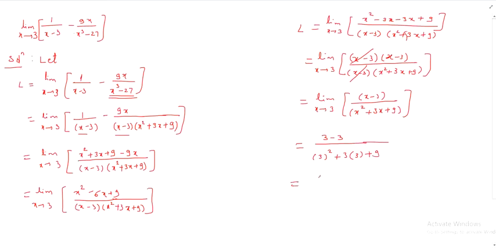Now 3 minus 3 is 0, 3 square is 9, 3 into 3 is 9, plus 9, that is 0 by 27, that is 0. Hence our required limit is 0. So in this way also we can solve the examples, isn't it?